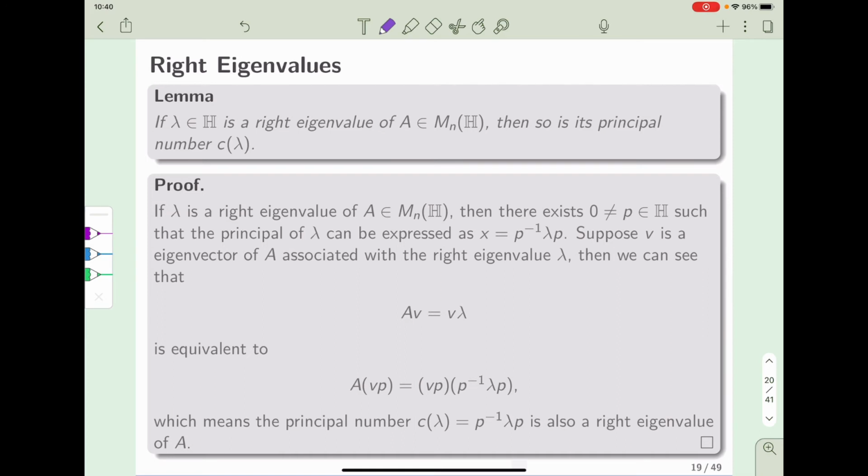We know that any quaternion is similar to its principal number, which can be expressed as P inverse lambda P. So we can just rewrite the equality to deduce that P inverse lambda P is also a right eigenvalue of A. And from this lemma, we can see that a quaternion matrix might have infinitely many eigenvalues, since each equivalence class may contain infinitely many elements.